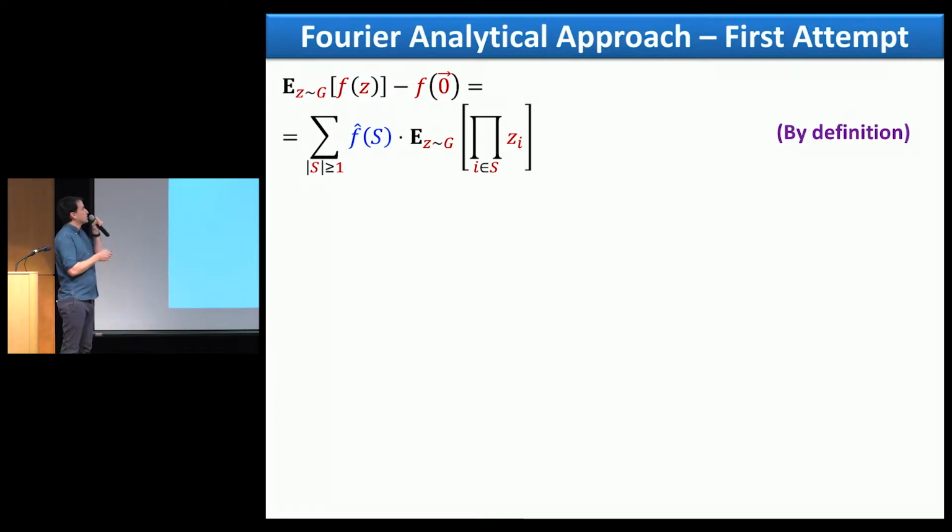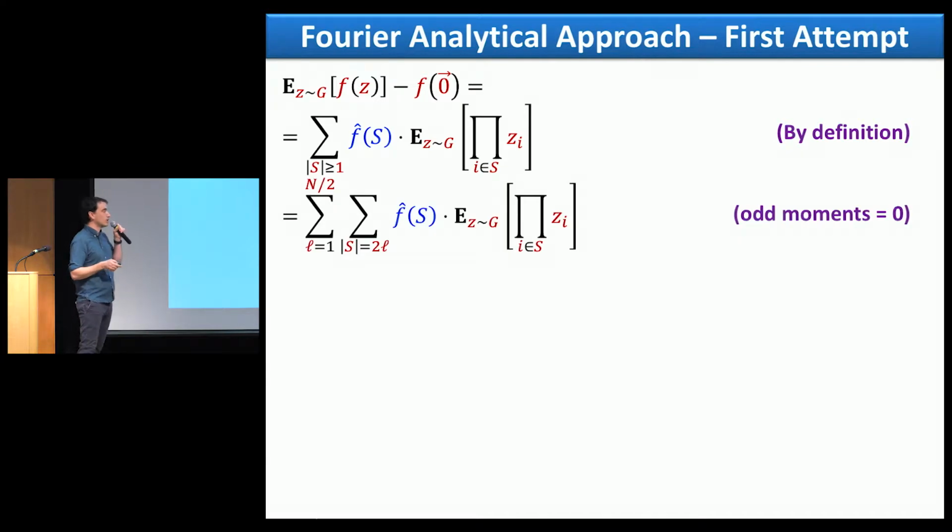All right, so this is a Gaussian distribution with mean 0. So this means that the expectation of Z1 is 0, and Z7 is 0, and Z1, Z3, Z7 is 0. Okay, so we know that the expectation of all the odd moments are 0 because this is a symmetric distribution. So we can group these coefficients according to their degree, and we are left with only the even degrees.